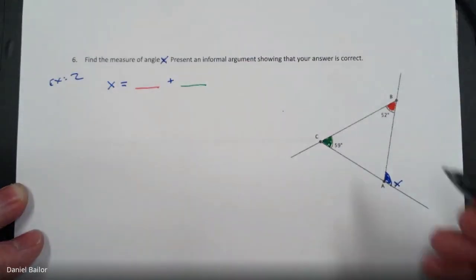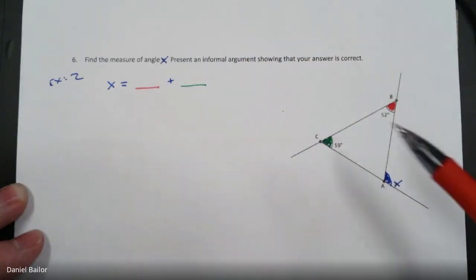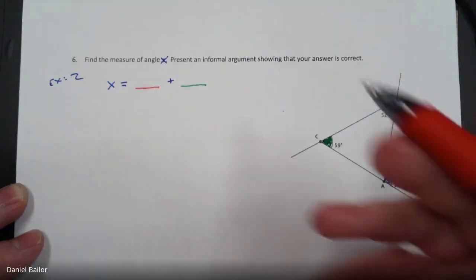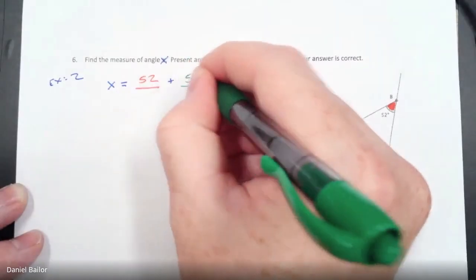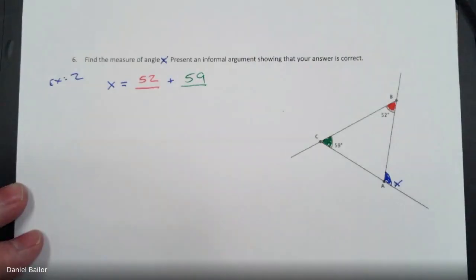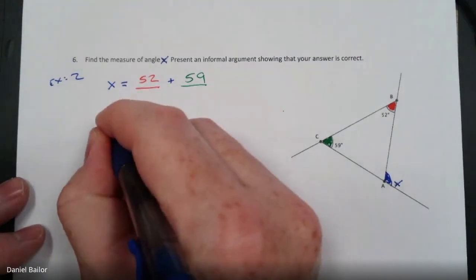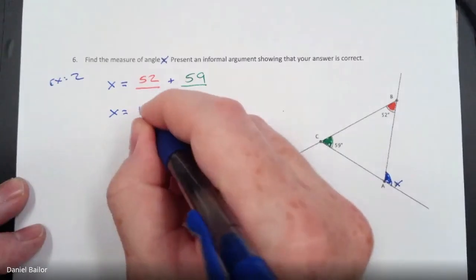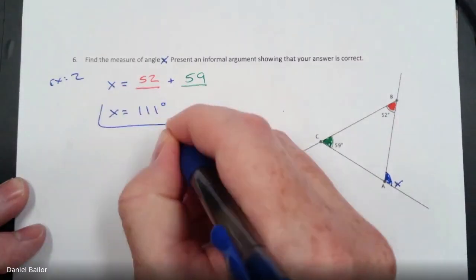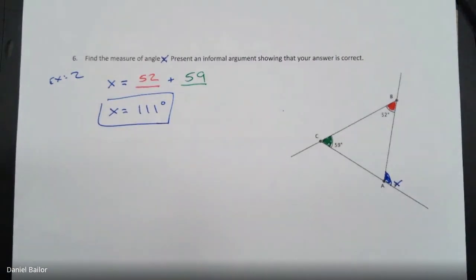The reason I'm using it this way is because they gave me the red and the green. The red is 52, the green is 59. So this way is a one-step problem. I don't really have to do any algebra this way. I just add the 2 pieces together and I find out that x is 111 degrees. That's exercise 6, just like example 2 in our practice.